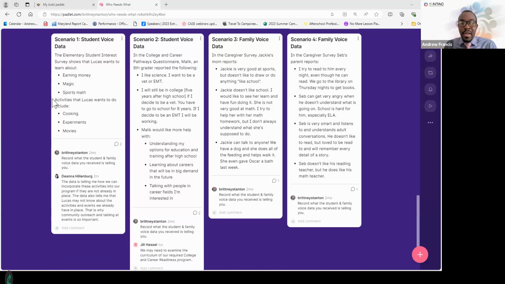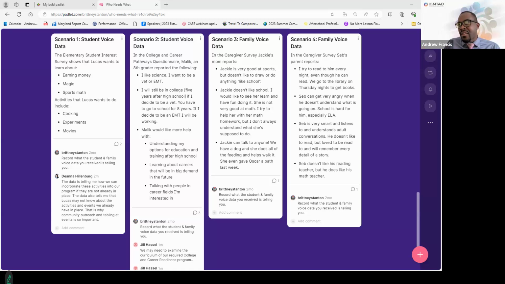But in particular, though he may like science, how is he doing where science is concerned? His perceptions of his own competence where science is concerned, and using that to guide selecting, whether he'd be interested in doing an interview or having a chat with somebody who's in the field, as we see there.